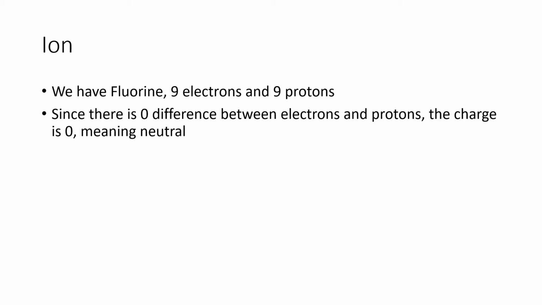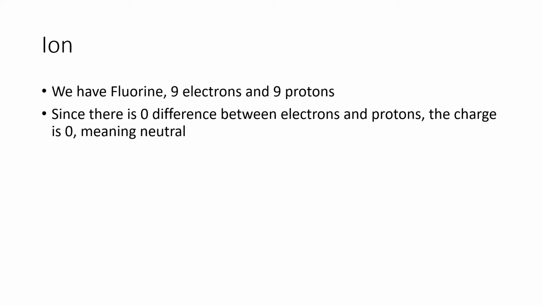They cancel out. We don't have 10 electrons and 9 protons, which would be a difference of 1. Since there is no difference, we have 0. And when you have a 0 difference between your electrons and protons, when they cancel each other out, the charge is 0. And when the charge is 0, that means the atom is neutral.